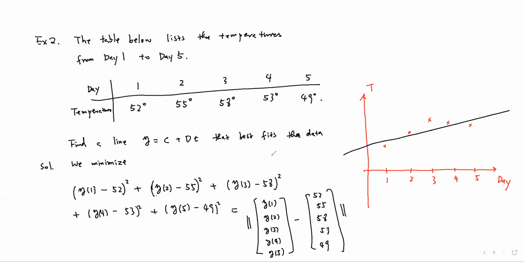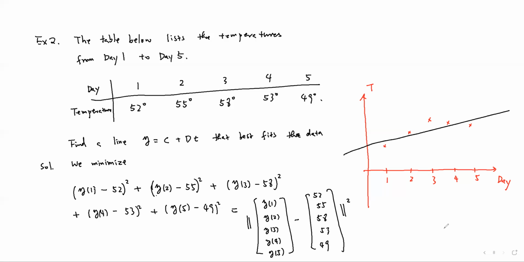But this sum has no square root, so take the length, then square to cancel the square root. Now let me write this vector as a matrix A times the unknowns C and D.